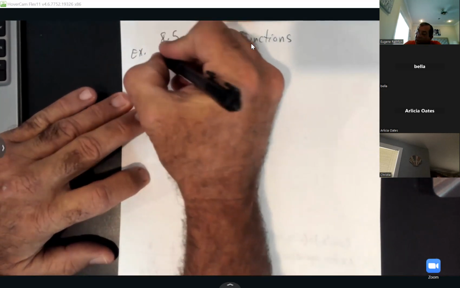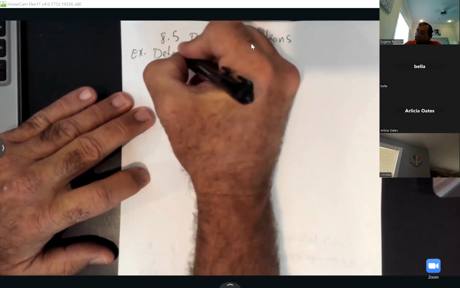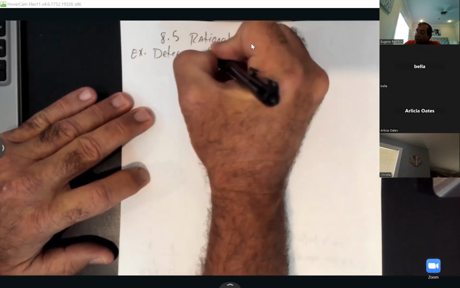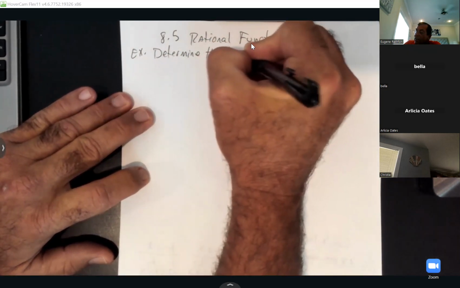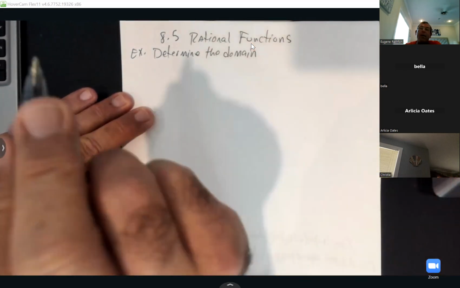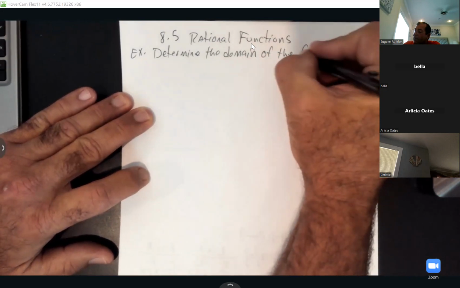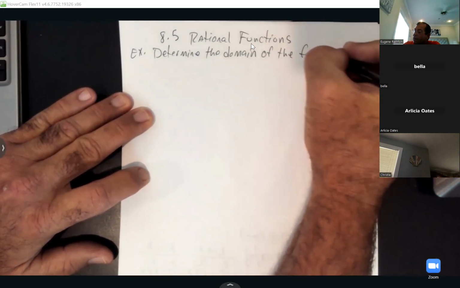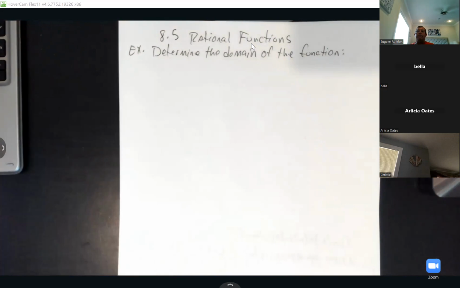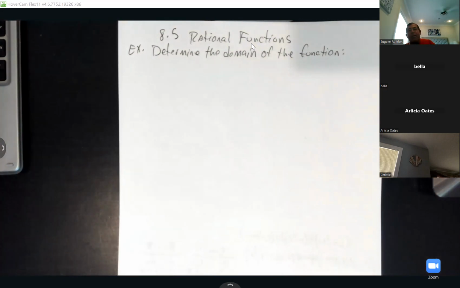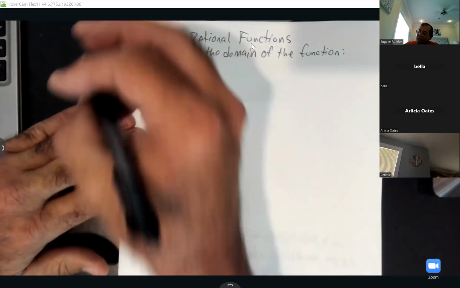So they want us to determine the domain of the function. There are 2 examples of this, and then we'll get into some new terminology for this section.